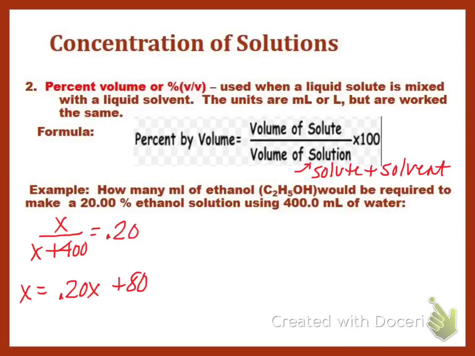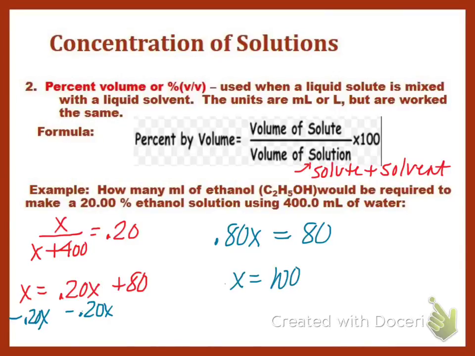So minus 0.2 X from both sides, and then I have 0.80 X is equal to 80. So X is equal to 100 milliliters. So 100 milliliters of ethanol added to 400 milliliters of water would be a 20% solution. And that, my friends, is the end of today's lesson.